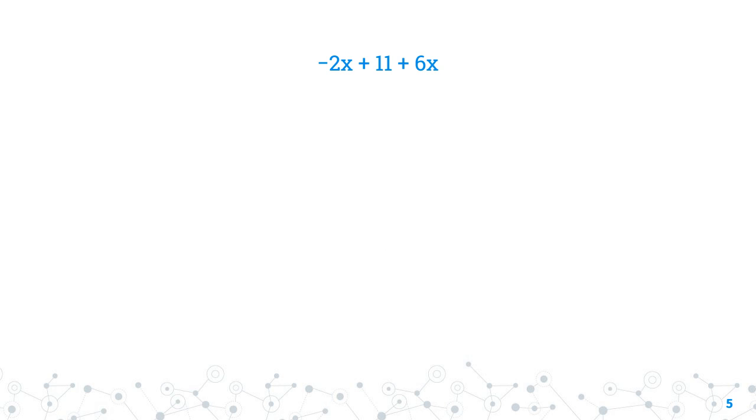So next example, I have a negative 2x plus 11, and then I have a 6x. So I'm going to box the terms that are like. So I have a negative 2x and a 6x. So I could rewrite that as negative 2x plus 6x plus 11.